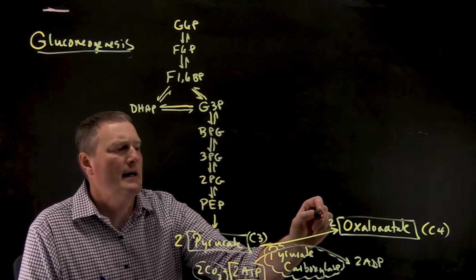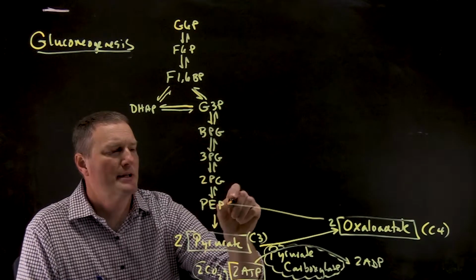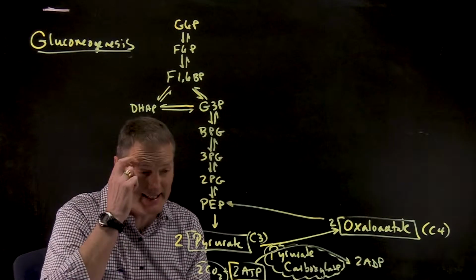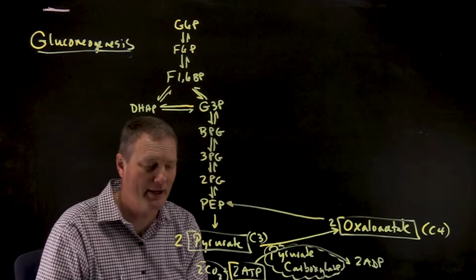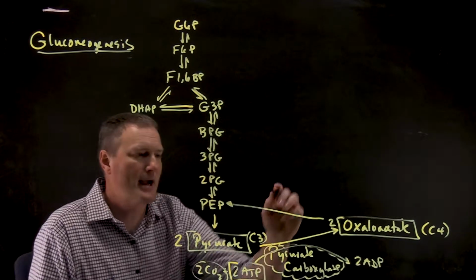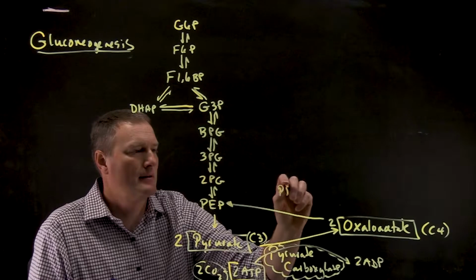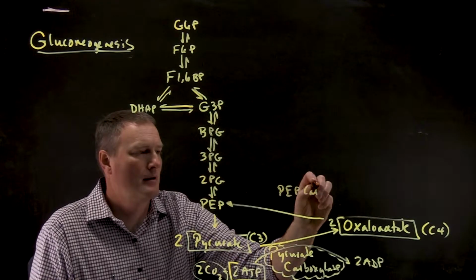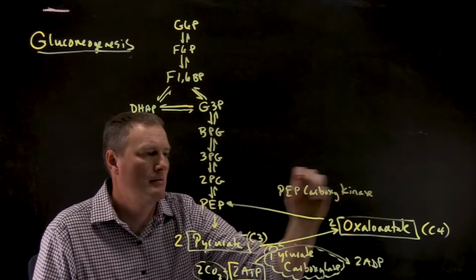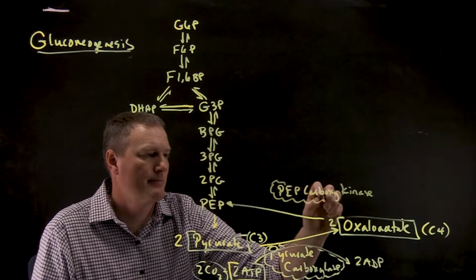Next, oxaloacetate is going to be ultimately converted to phosphoenolpyruvate through the action of the second enzyme in this control point right here. And that enzyme is called PEP carboxykinase. Okay, so that's the enzyme.